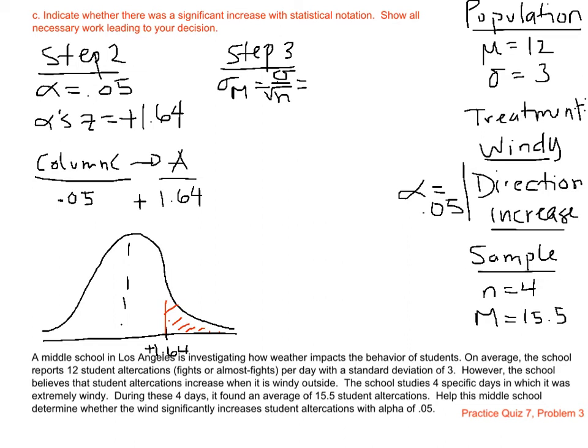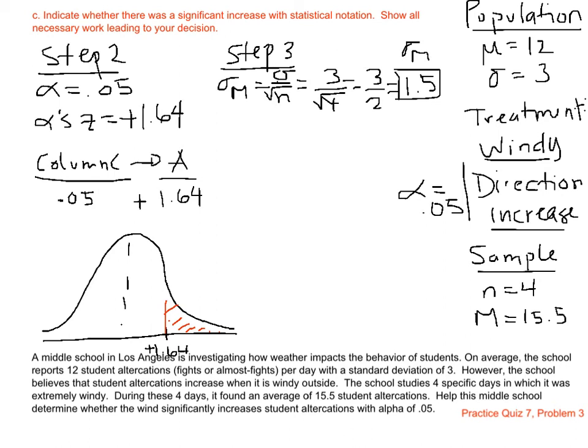My sigma comes from my population, and it is a 3. And my n comes from my sample, and it is 4 for 4 days. So I have 3 divided by 2, which gives me 1.5. And this is my standard error, my actual standard error.